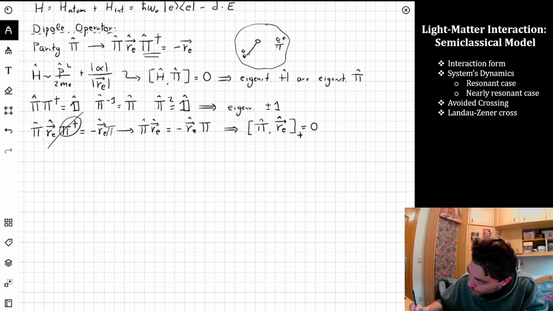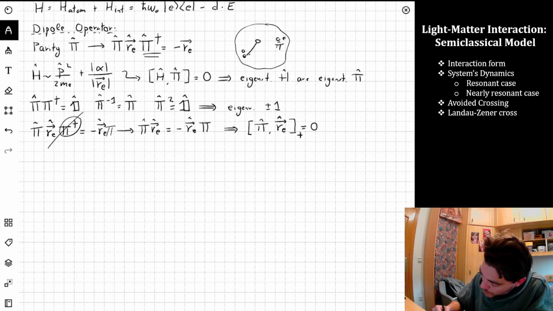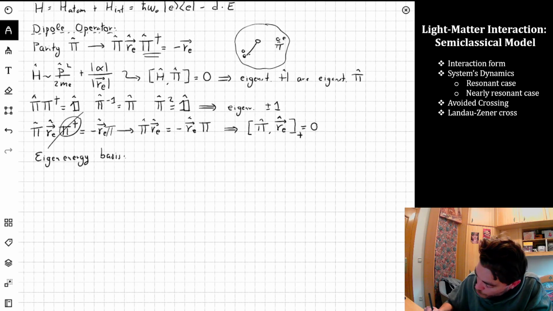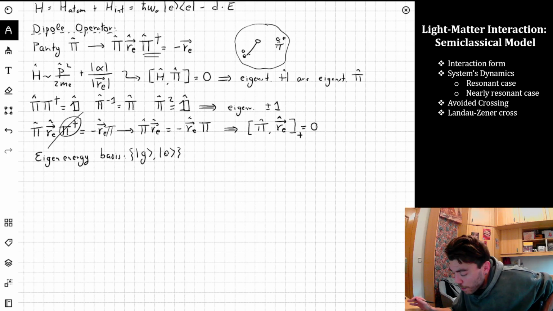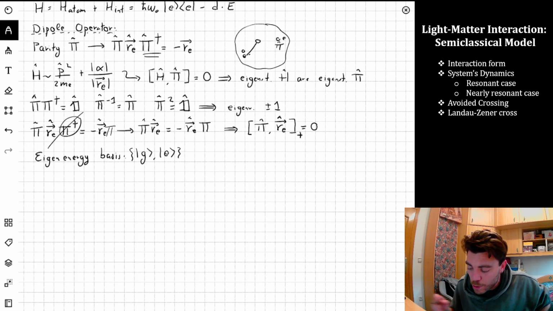This is the anti-commutator. But this means that if I have, let's go to the eigenenergy basis, by this I just mean that I am working with the ground and the excited states, considering matter only here. And remember, we are doing all of this in order to understand the structure of the dipole operator in this case.